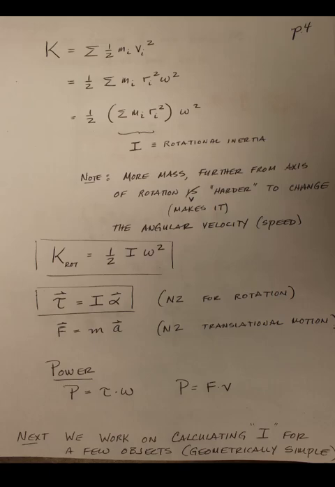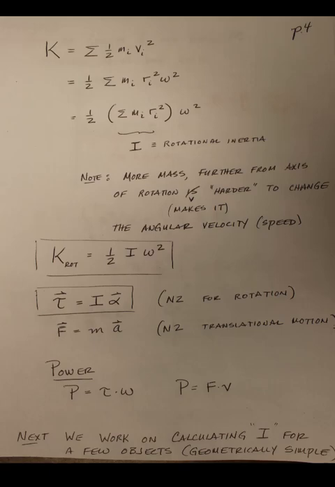And then we can write Newton's second law for rotation. Torque is the rotational inertia times the angular acceleration. Now, this is for symmetric objects, so we'll have a better definition for torque, but this is analogous to Newton's second law for translational motion.